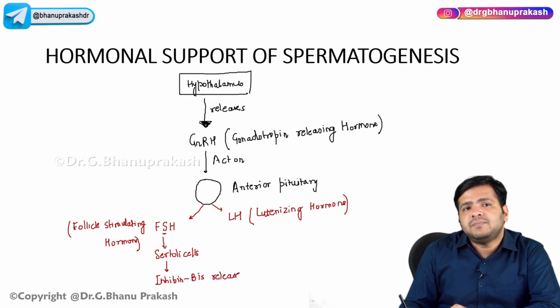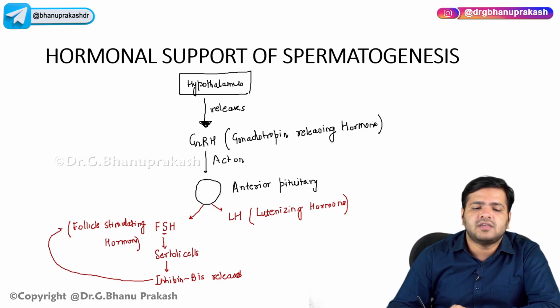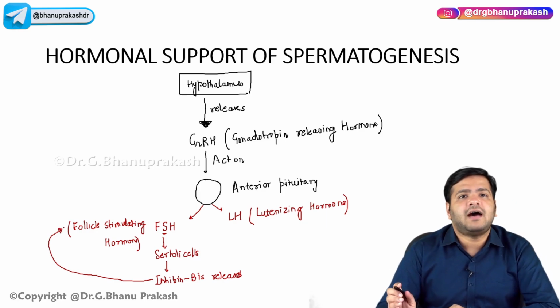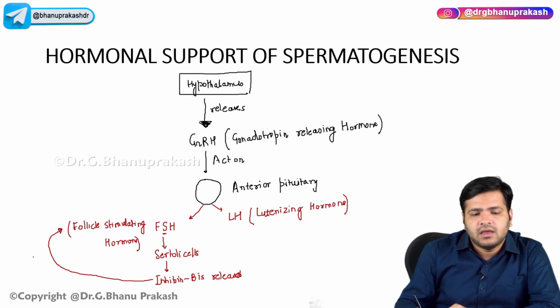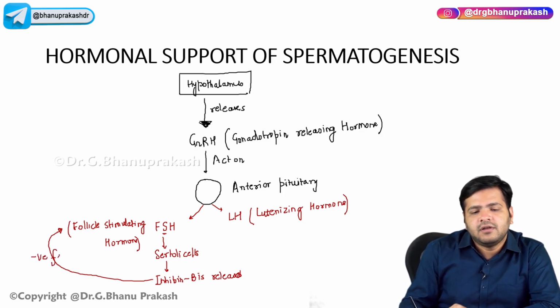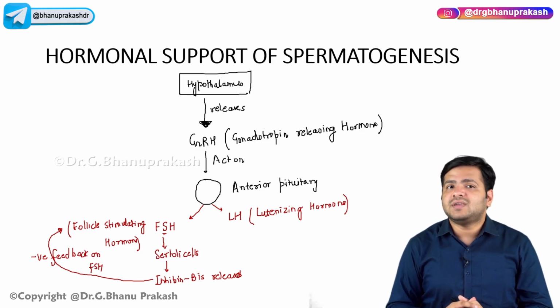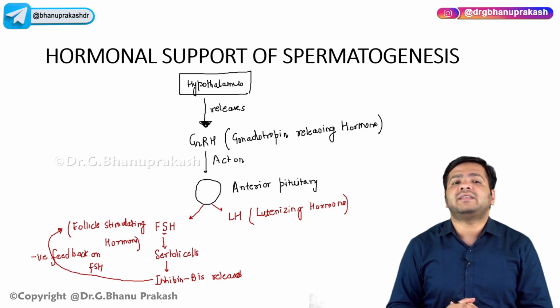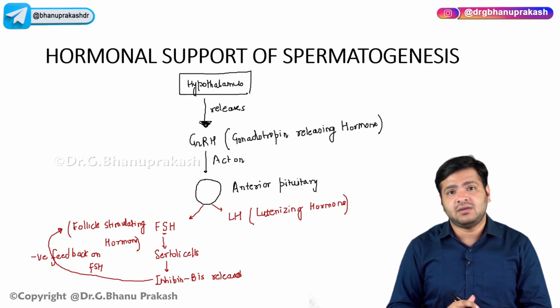Now this inhibin B will have a negative effect, or negative feedback, on FSH, right? So FSH is acting on the Sertoli cells, and these Sertoli cells will be releasing inhibin B, which will have a negative feedback on FSH, right?